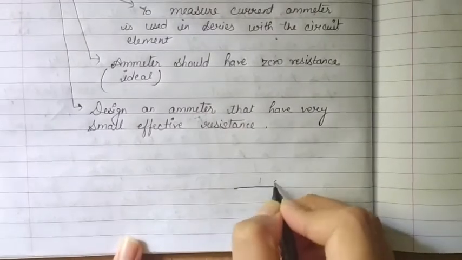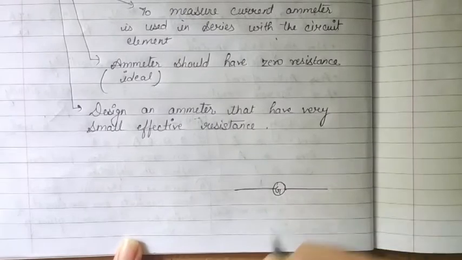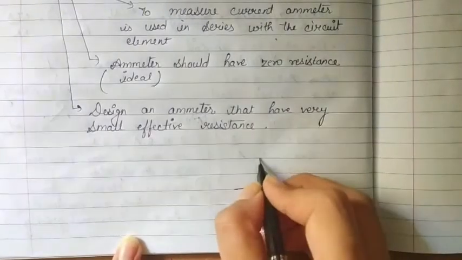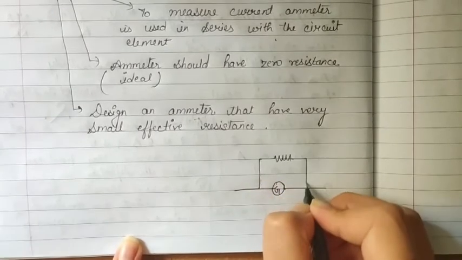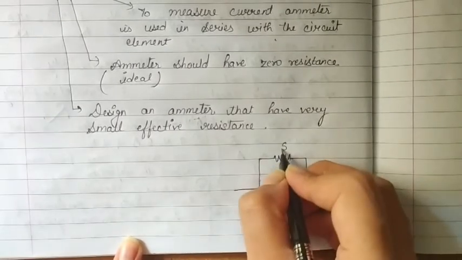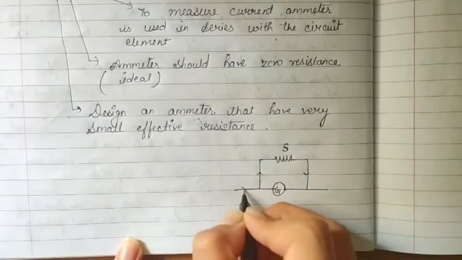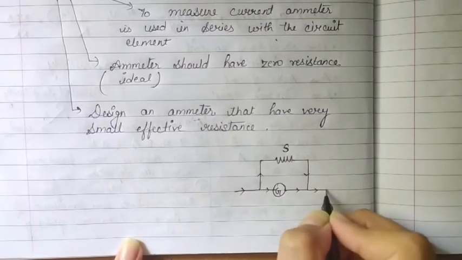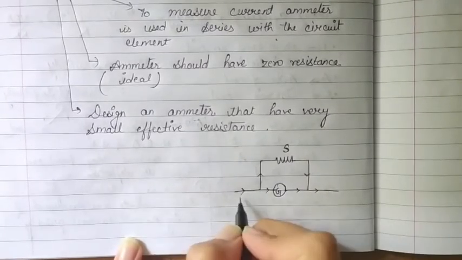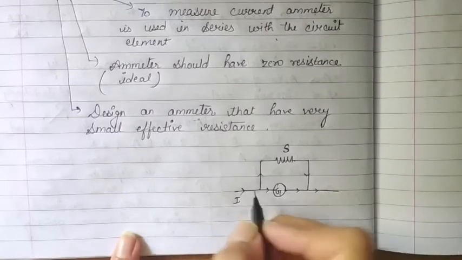We have a galvanometer, and to make it work as an ammeter, we are going to connect a small resistance, capital S, in parallel to that galvanometer. By doing so, the current that is traveling from here will divide into two parts.